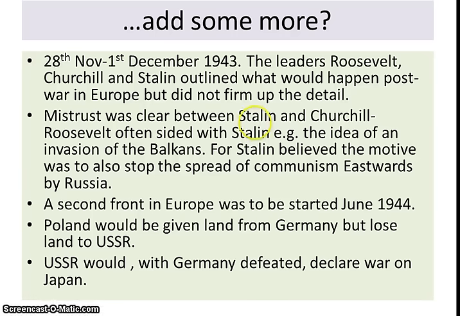I could state that it was also important, this Tehran conference, because a second front in Europe was to be started, and we know that Stalin was frustrated that this had not happened yet. He believed that Churchill and Roosevelt were looking for communism to damage themselves fatally, so as they could then reconstruct Europe with a weakened Russia.